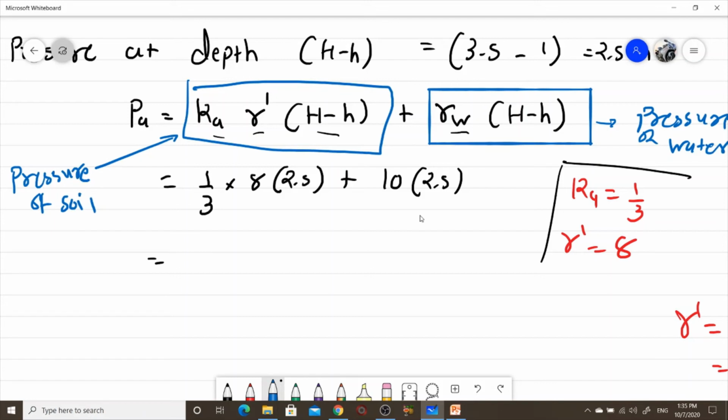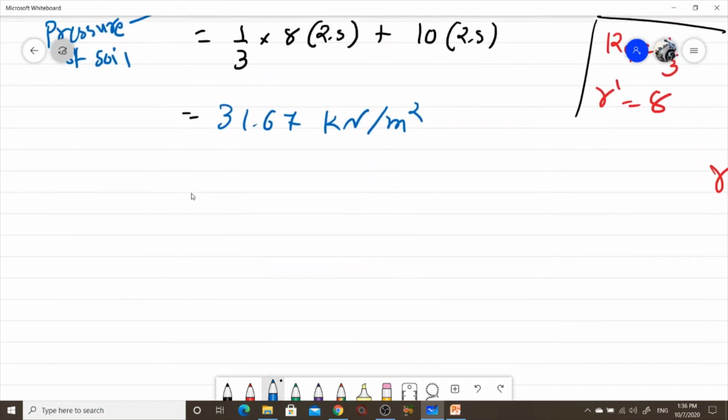The soil is saturated, so both soil pressure and water pressure are present. By this, Pa is 31.67 kilonewton per meter square. So here is the pressure at 2.5 meter.